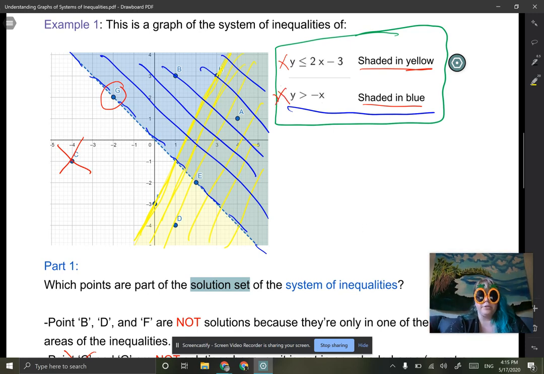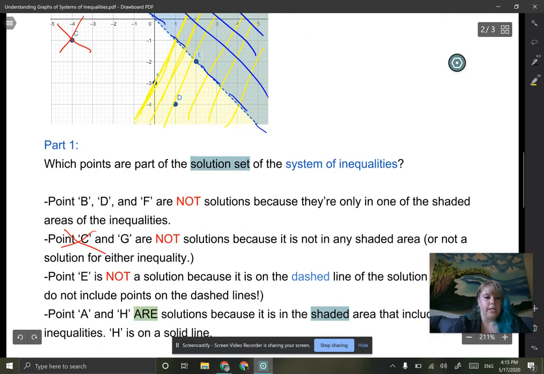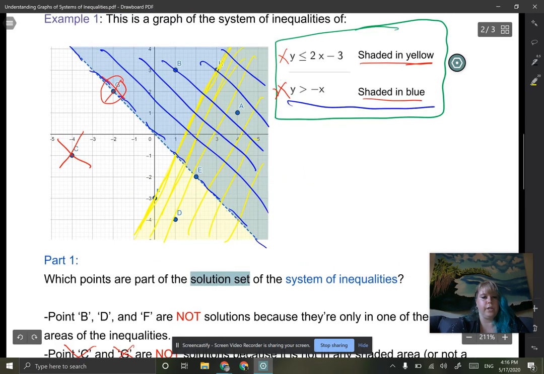And remember, we do not include that dotted line. So G is not a solution for either inequality. Down here you can see that G was also included in this sentence, not a solution for either inequality.